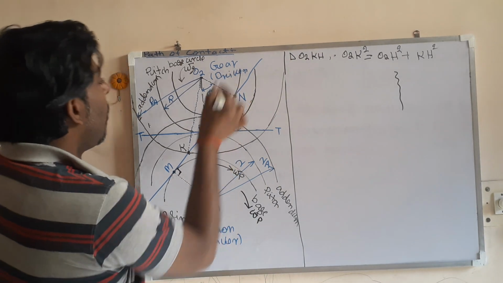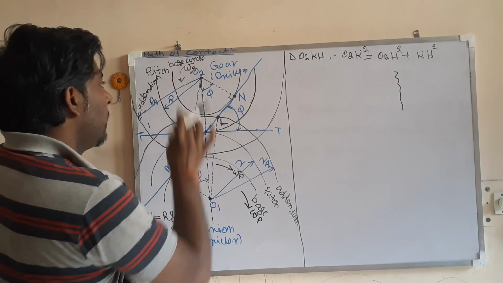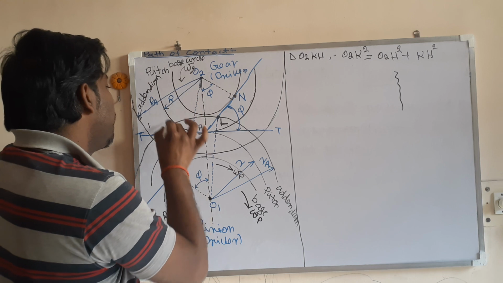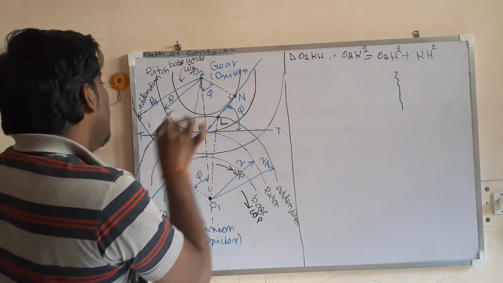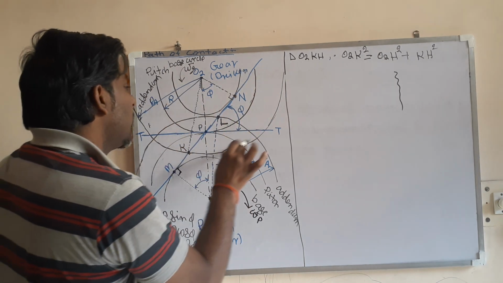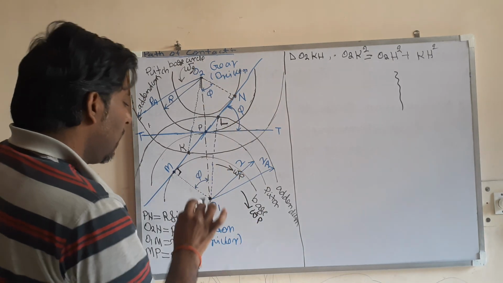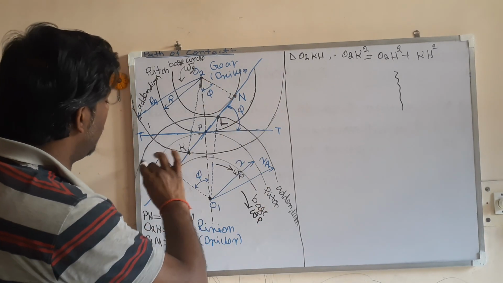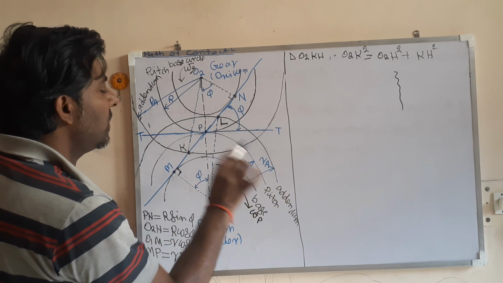Okay, so this is the gear, this is the pinion, this is the base circle of the gear, this is the pitch circle of the gear, and this is the addendum circle of the gear. Similarly for the pinion, this is the base circle, this is the pitch circle, and this is the addendum circle.